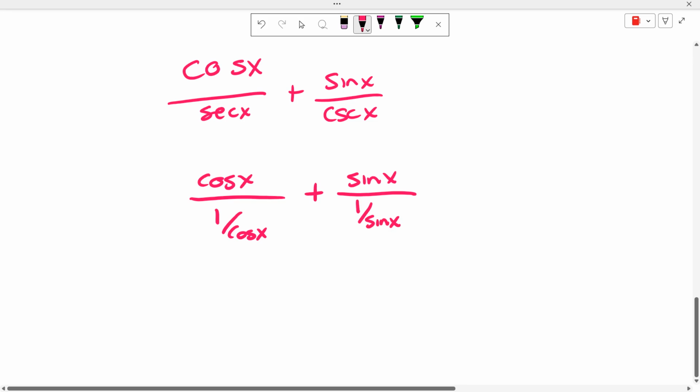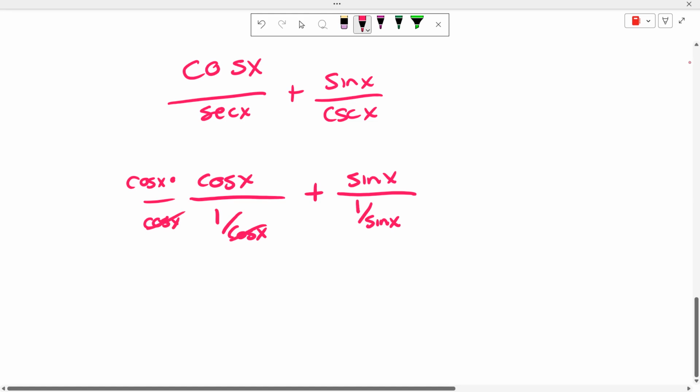Again, I've created complex fractions. That's not very nice of me. So let's get rid of my complex fractions. How can I get rid of my complex fraction in the first one? So we're going to multiply top and bottom by the cosine of x.